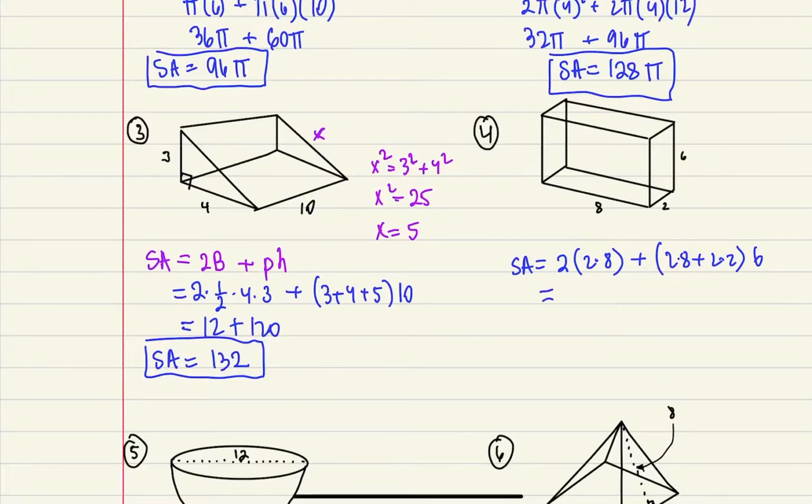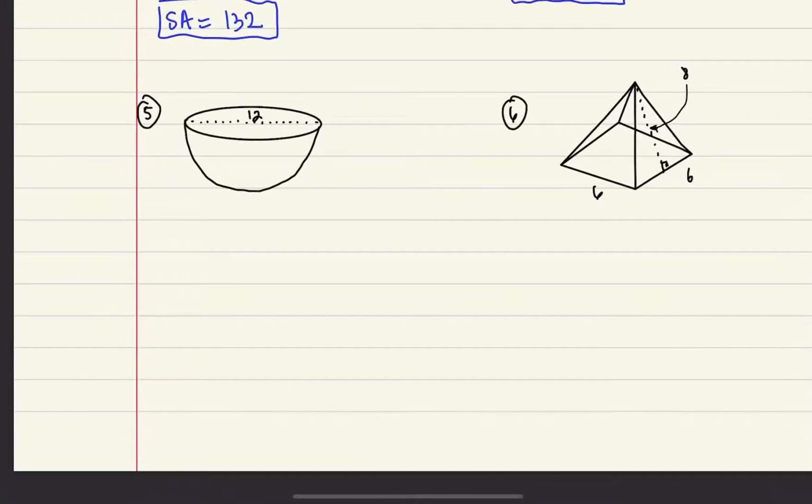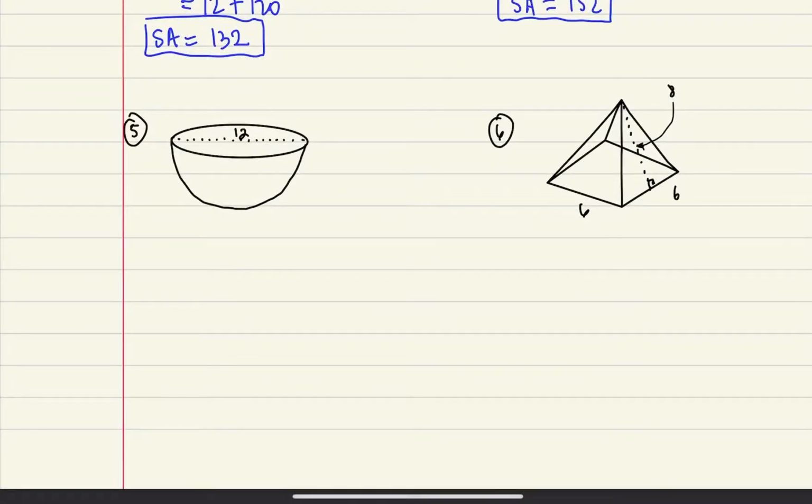So that gives us 16 times 2 is 32. 2 times 8 plus 2 times 2 is 20. 20 times 6 is 120. So the surface area of this rectangular prism is going to be 152 units squared.